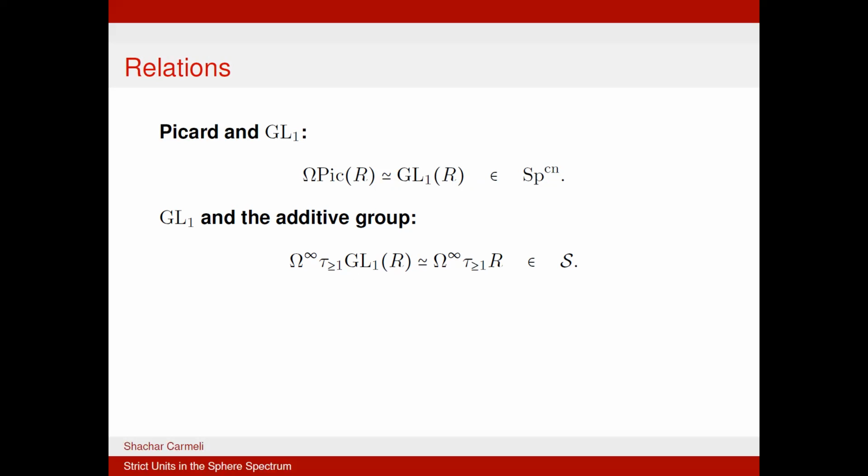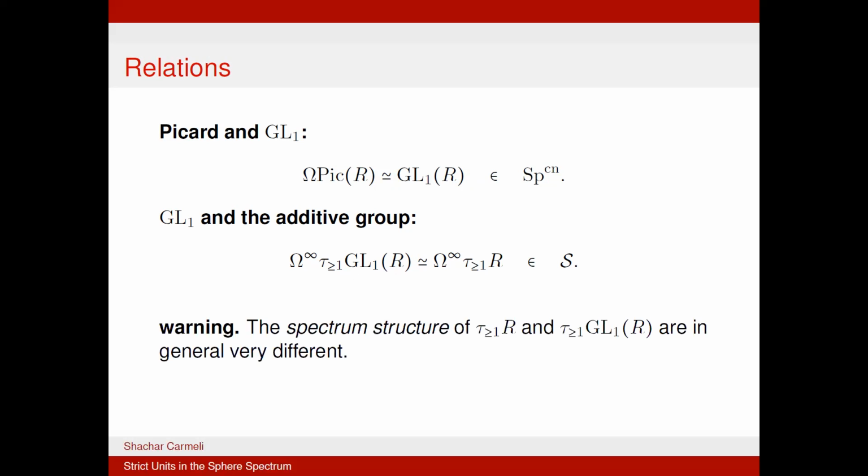And the reason is that loops that start at the identity have to go only through invertible endomorphisms. But note, however, that this equivalence is slightly misleading. It's only of spaces. As spectra, they are very different. The multiplication on the right-hand side is given by the addition on R, and on the left-hand side by the multiplication of R, which are different operations in general.